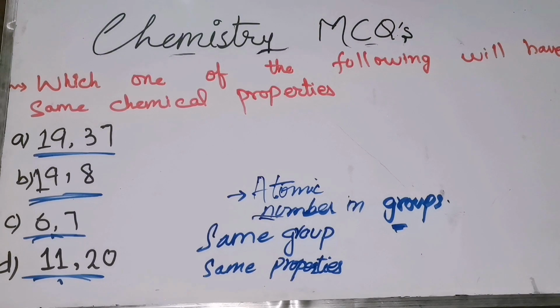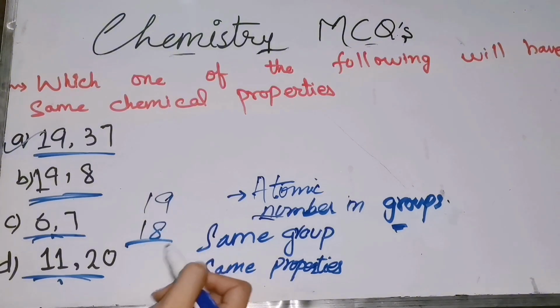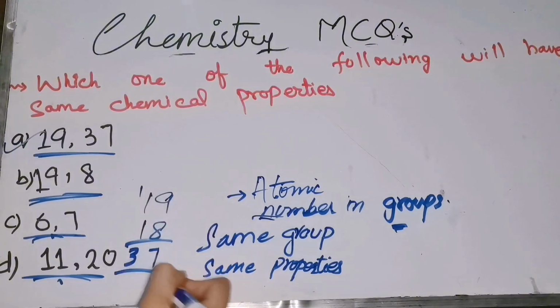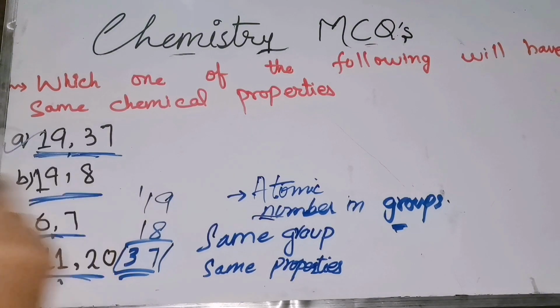But now, here the correct option is option A. If you add 19 with 18, you will get 37. So it means that atomic numbers 19 and 37 are present in the same group. The ones present in the same group will have the same properties. So the correct option is option A.